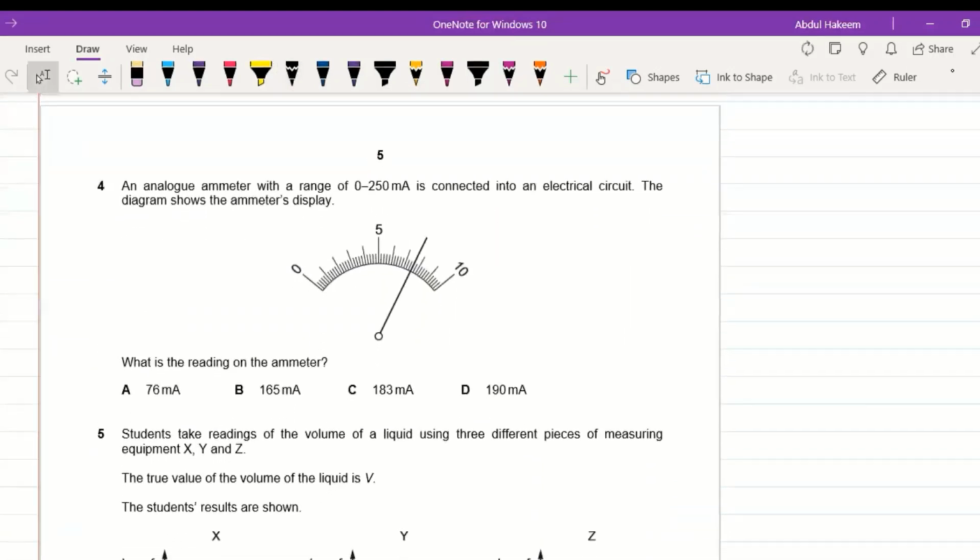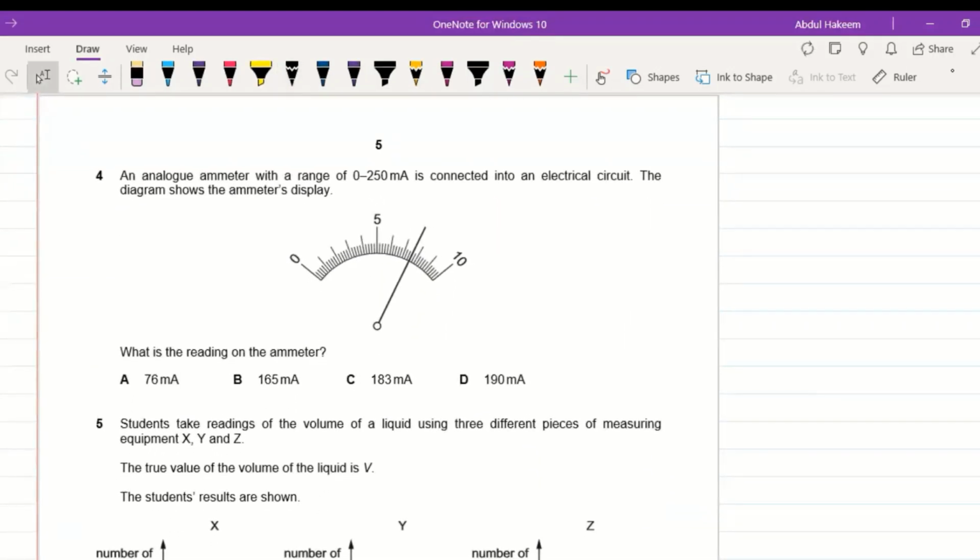Next, number 4. An analog meter with a range of 0 to 250 milliampere is connected into an electrical circuit. The diagram shows the ammeter display. So it means this 10 scale is representing 250.